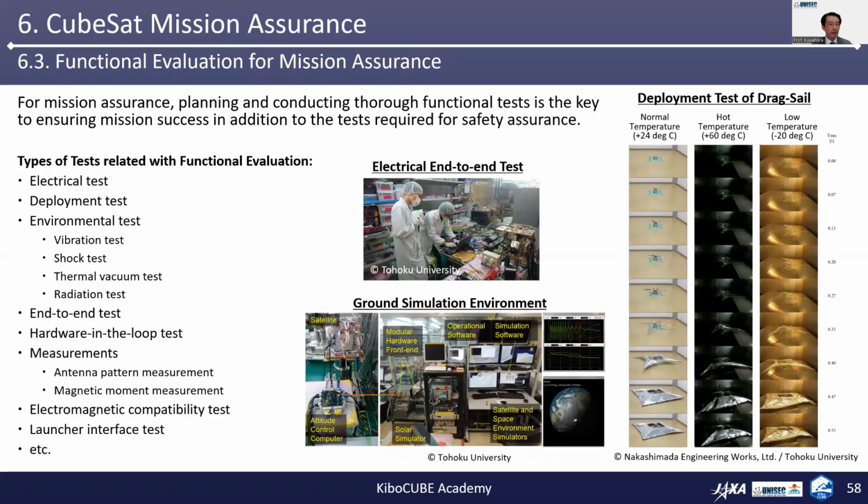The types of tests related with functional evaluation are the electrical tests, deployment tests, environmental tests such as vibration test or shock test, thermal vacuum test, radiation test, etc., and electrical end-to-end tests, hardware in the loop tests, measurements such as antenna pattern measurement, magnetic moment measurement, and electromagnetic compatibility test, launcher interface test, etc. Some of these are illustrated in the figures on the right.